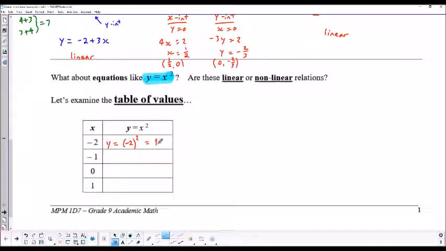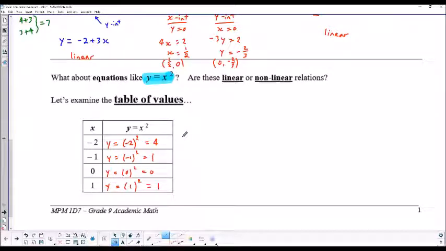That gives us a 4. Y is negative 1 squared, which is positive 1. Y is here 0 squared, which is 0. And then y here is, again, positive 1 squared, and that also gives you a positive 1.